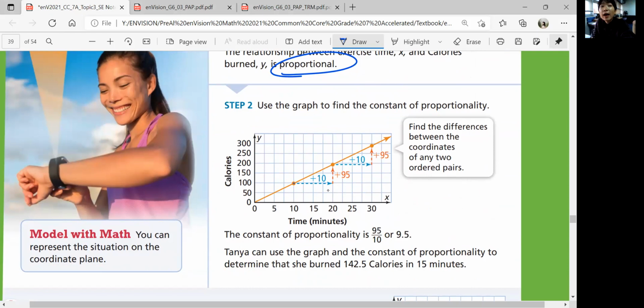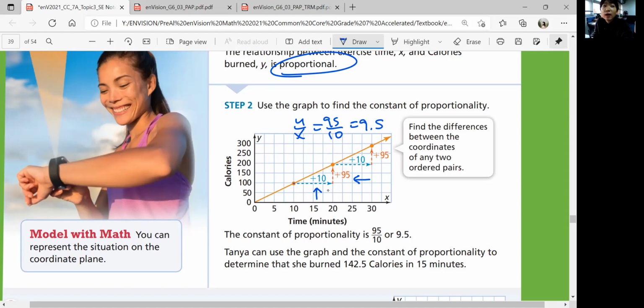So every time X increases by 10, Y increases by 95. Change of Y over change of X would be your slope. So Y over X is 95 over 10 each time you move, right? So that's equal to 9.5.